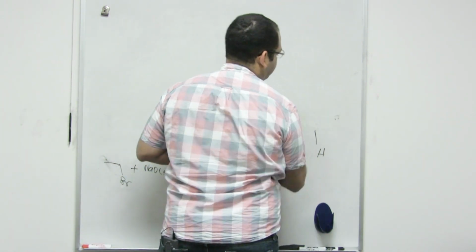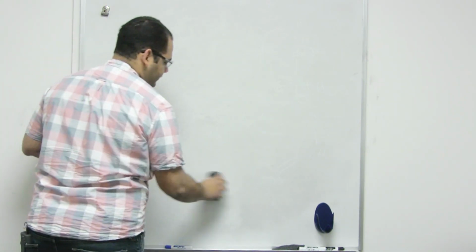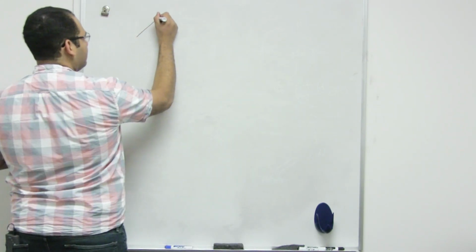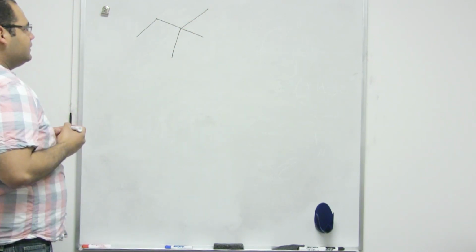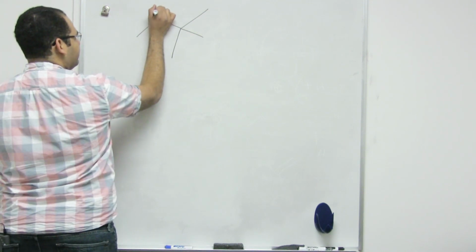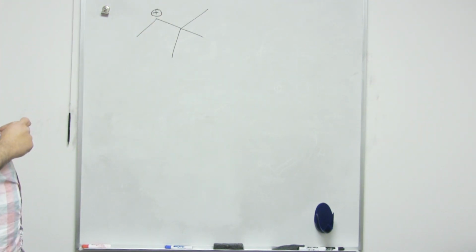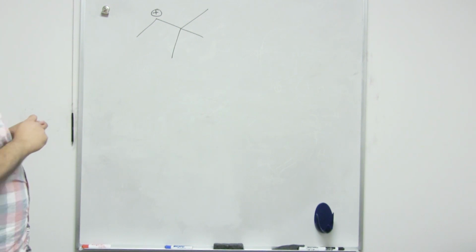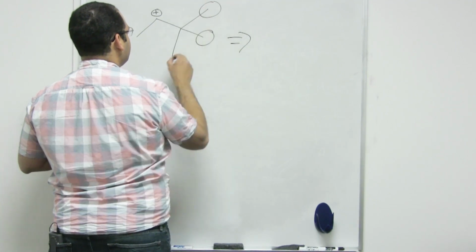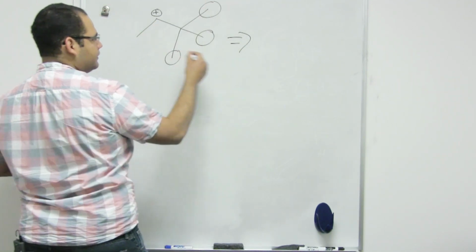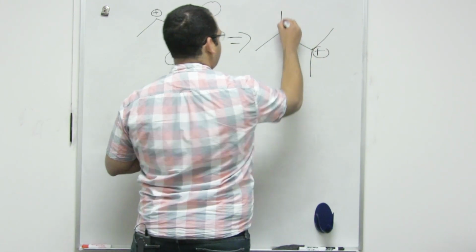This is how I like to think, and I don't know how the book teaches it. I have that molecule, and I have a carbocation here. If I do a methyl shift, making one of these methyls move to that carbon, my final product will be this.